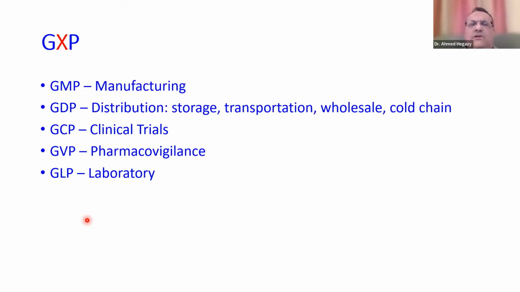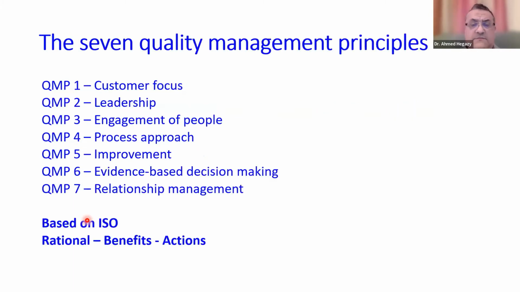And many others, like good laboratory practice for testing. So we have GXP standards. It's a group of different standards, but according to my place, I should follow one of these standards. What I'm doing, we have good documentation practice and other stuff.